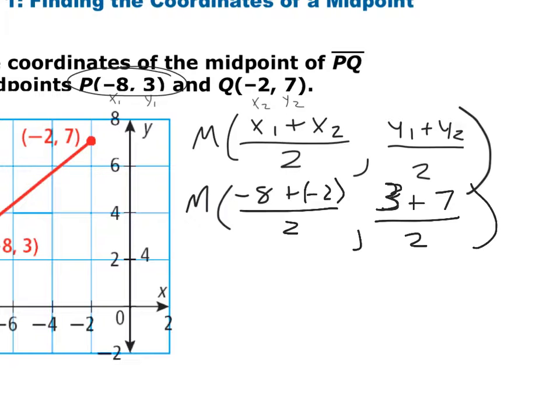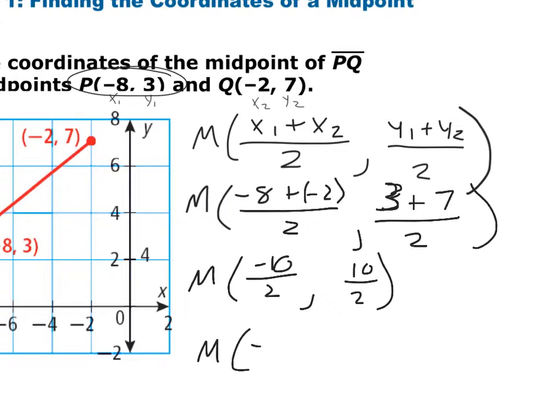Negative 8 plus a negative 2, negative 10 over 2. 3 plus 7, 10 over 2. So the midpoint would be negative 5, 5.